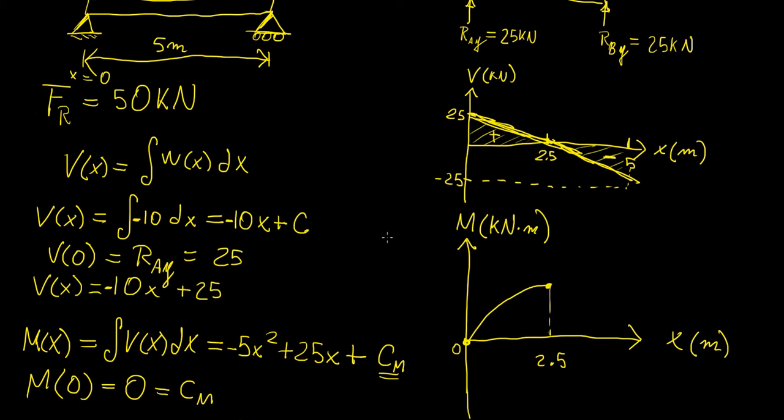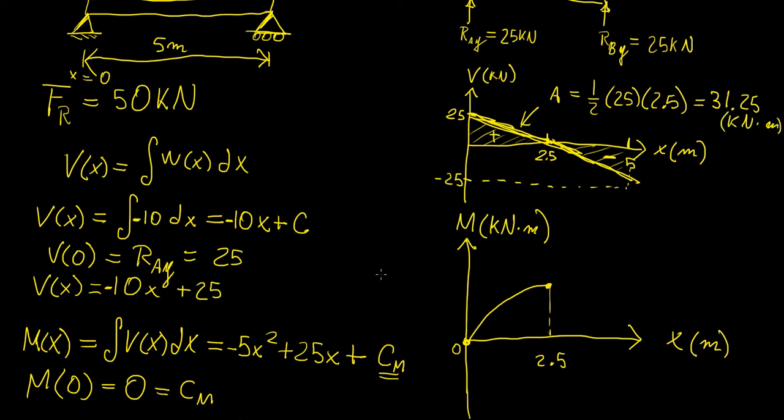So if we look at this, well, let's see what that area is. It is going to be half of 25 times 2.5. So let's calculate that very quickly. So that's going to be 31.25 kilonewton meters.